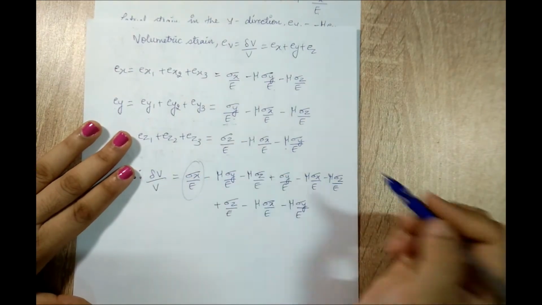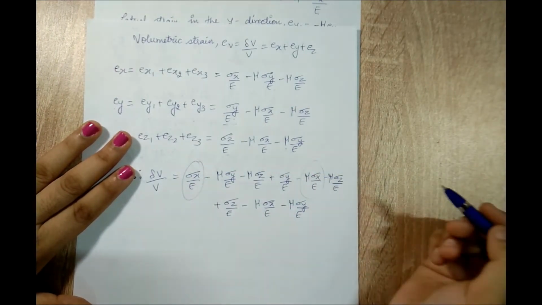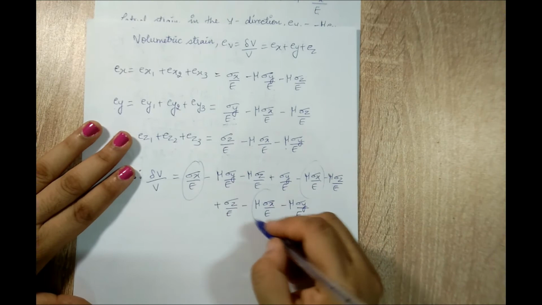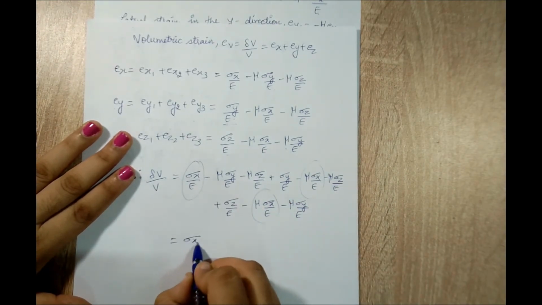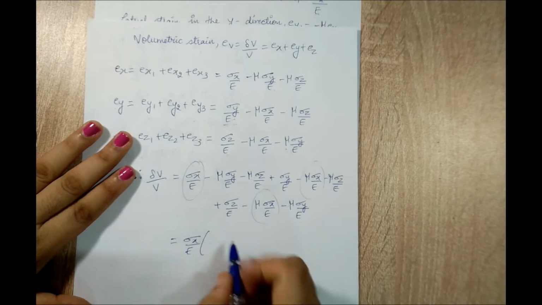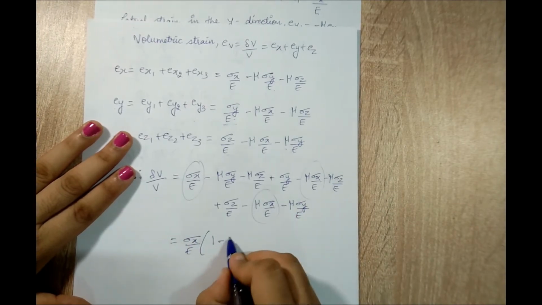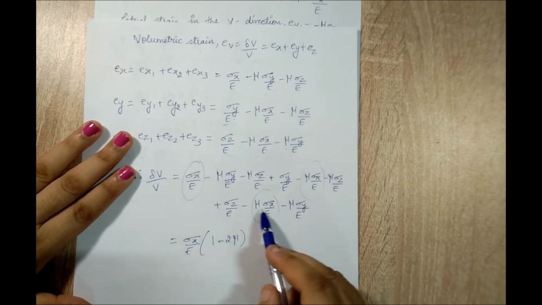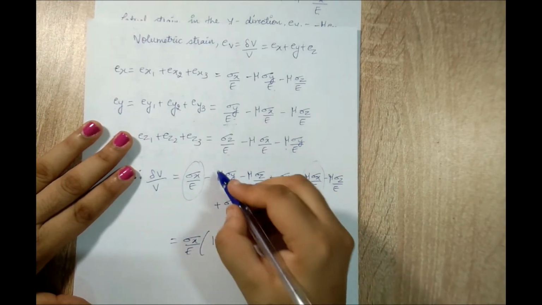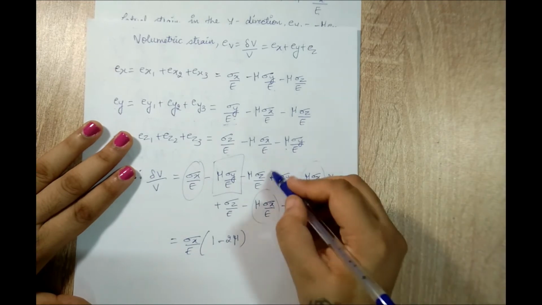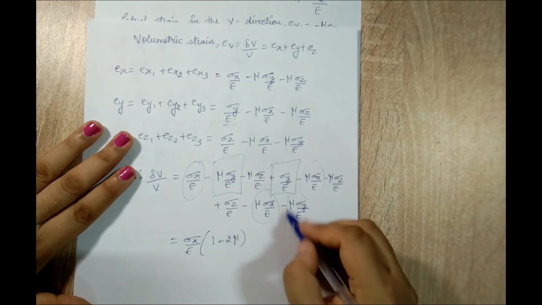I find one term here, then another term here, and this is the third term of sigma x upon E. So sigma x upon E is common. Here I get 1 and here it is minus 2 mu, because minus mu adds to minus mu. Next I'll search for sigma y. This is one term, this is the other term, and this is the third term.